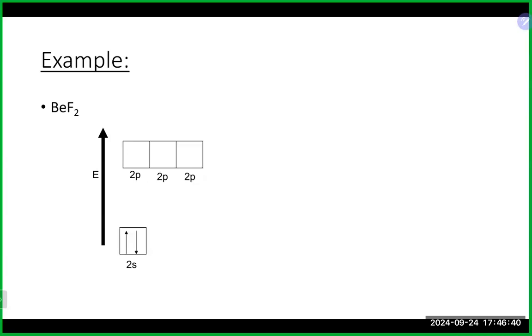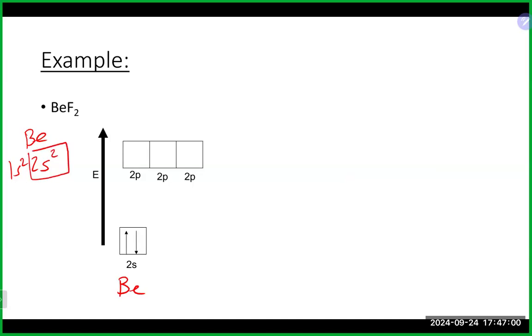So if we look at, for example, BeF2, here we're looking at beryllium's electron configuration. We're really looking at the valence electrons, 1s2 and 2s2. We're looking at these two valence electrons in this case.